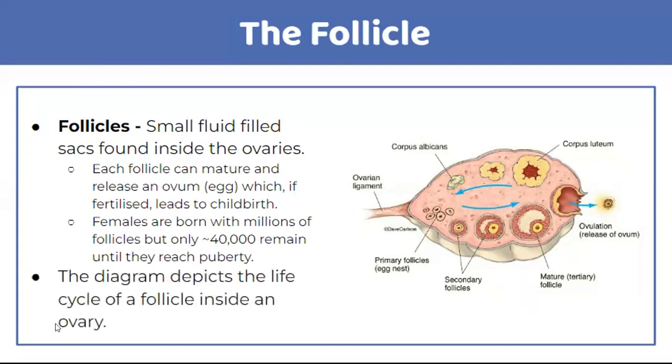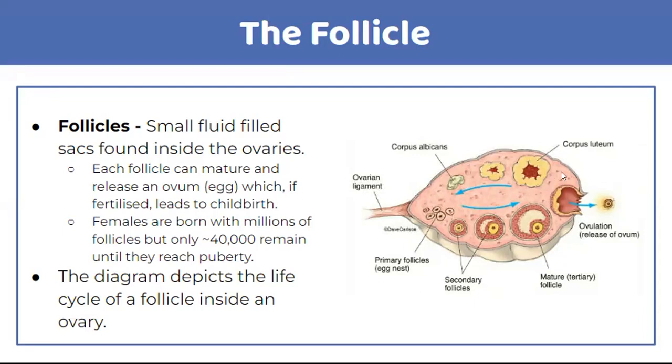The diagram depicts the life cycle of a follicle inside an ovary. Usually, this is what the life cycle of a follicle is. Once it has become a mature follicle, it will release the ovum into the fallopian tube. You remember how this is connected to the fallopian tube, right? Whatever the ovaries release will go directly into your fallopian tube.